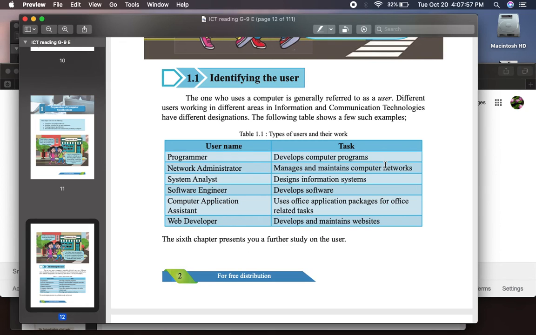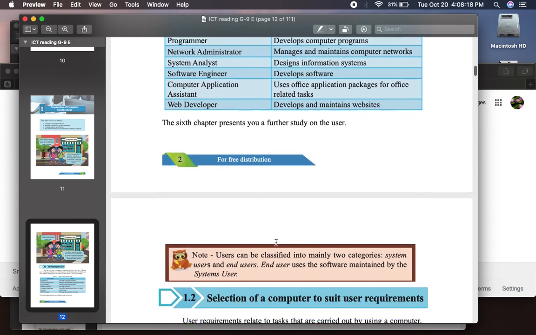So it depends on the company that they're working for, but overall this is a generally good example of different types of users and their designations within different areas in information and communication technology.